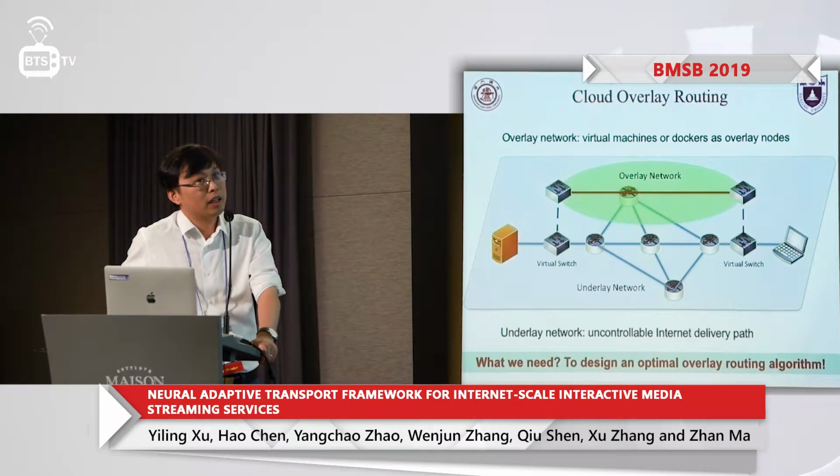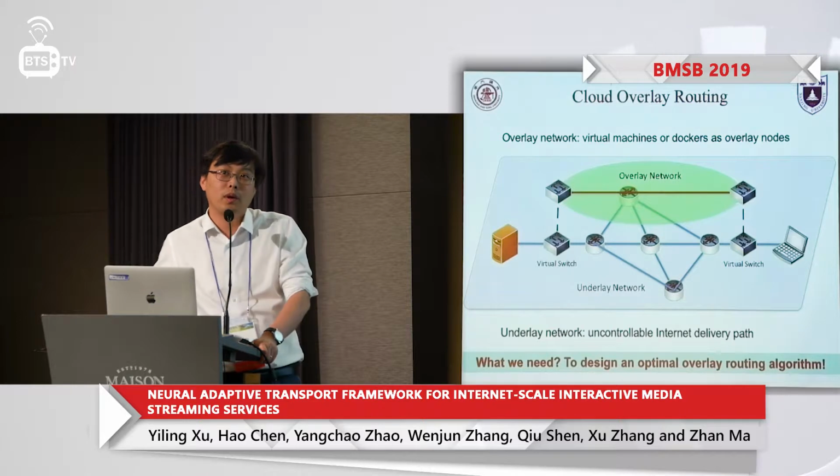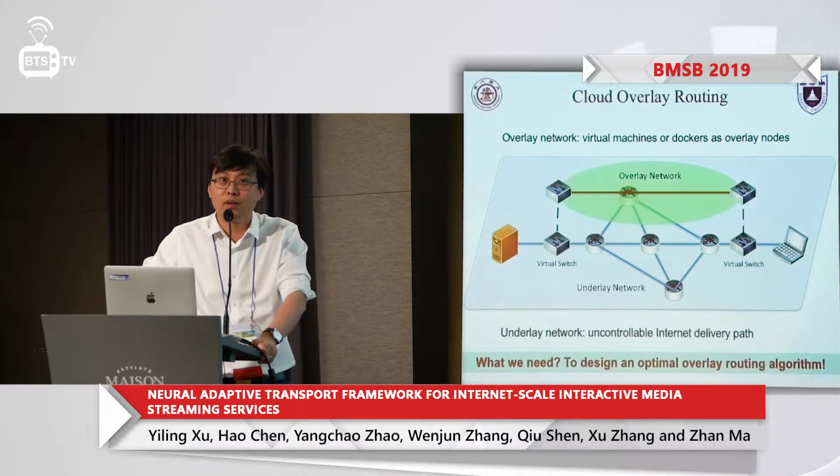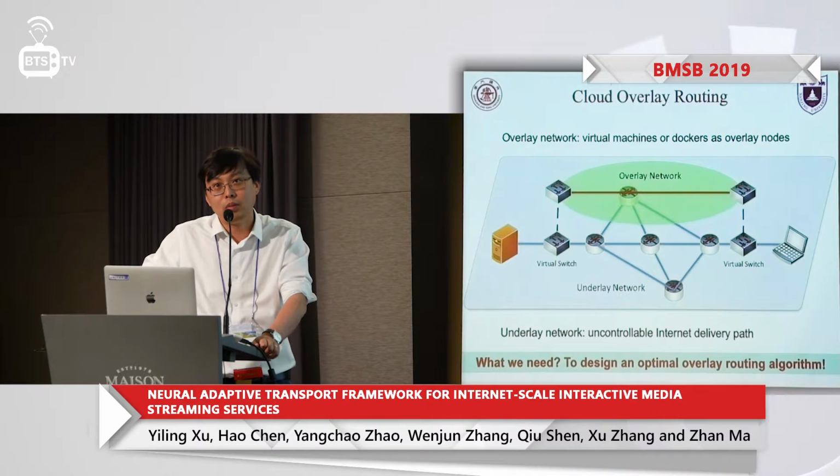For example, if you want to stream video from North America to Korea, you can choose the path via Russia, or you can choose the path via the North Pole. So you can choose different paths, but which path gives you the best performance? The best performance means the lowest delay and the highest sustainable bandwidth, and you can choose that one.